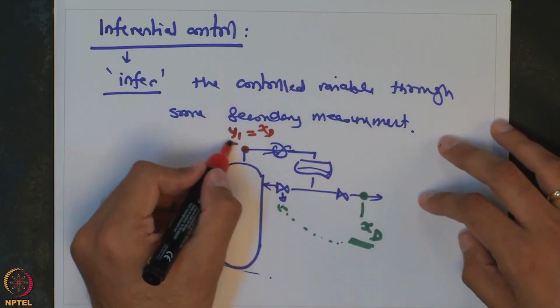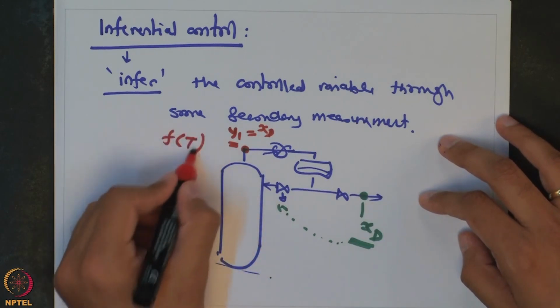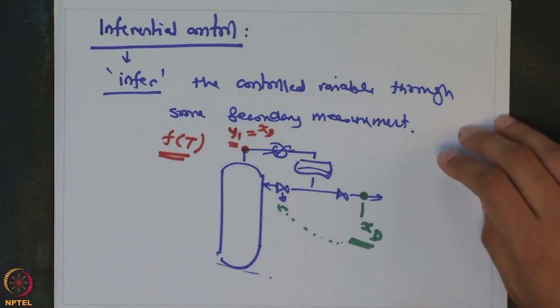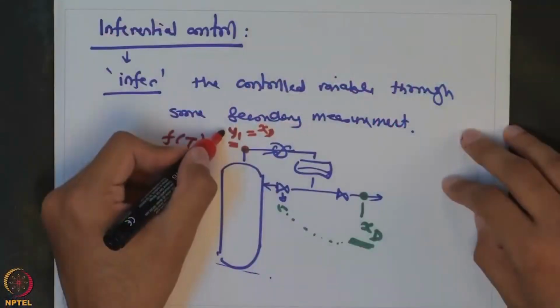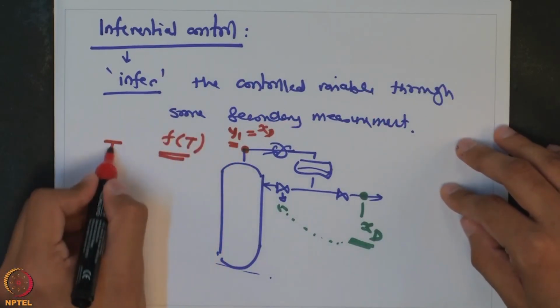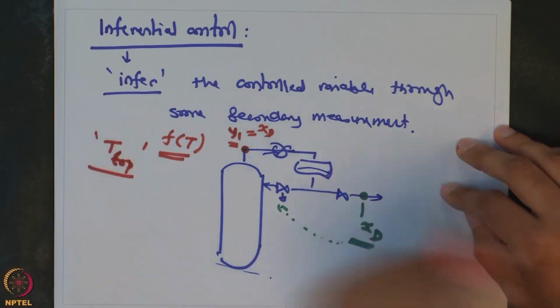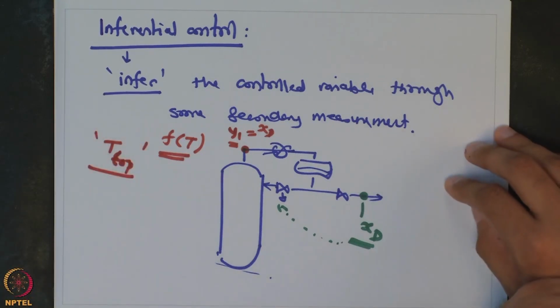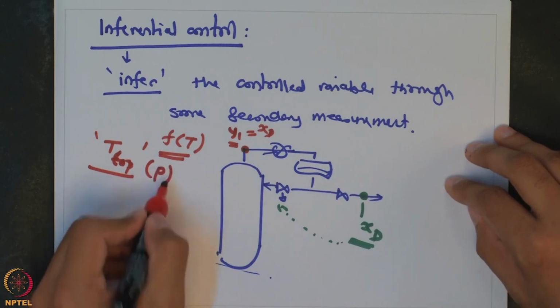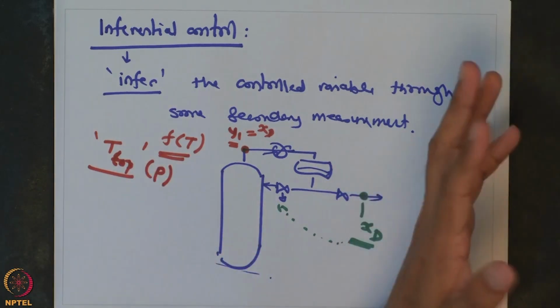Now that composition is a function of temperature. If I take a binary mixture and need a particular composition at the top of the column, that gives me a particular temperature which should be at the top of the column, given that it is at a particular pressure. Most of the times you would operate your column at constant pressure.